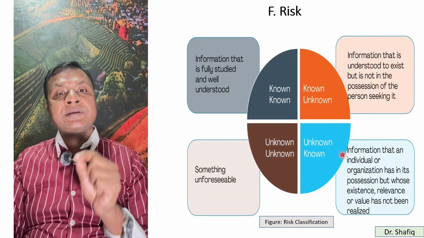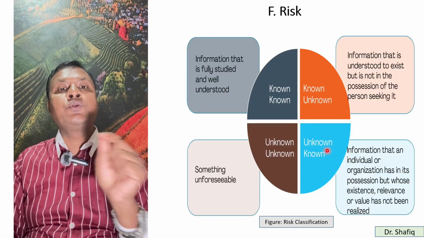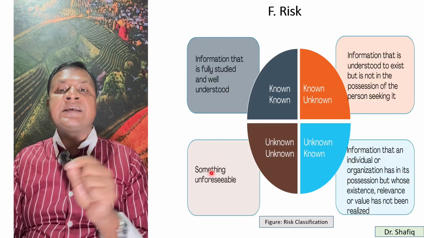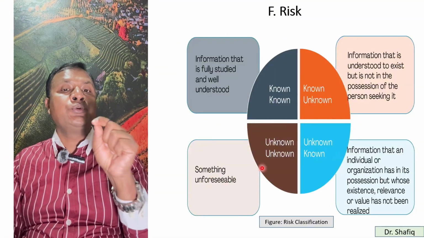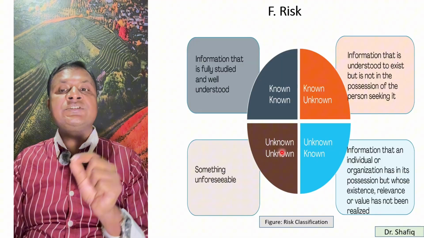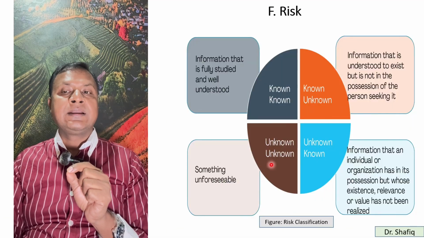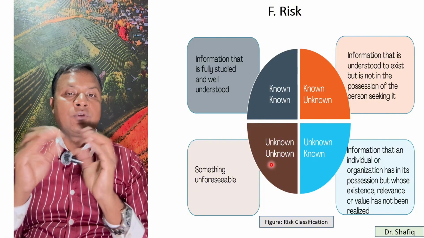Actually, you have the capacity to address it, but you don't know what the risk is. That's why it's called unknown known. And something unforeseeable. That means you don't know what you don't know. You don't know the risk and you don't know how to address that risk. So these four categories you have to find out for your project.